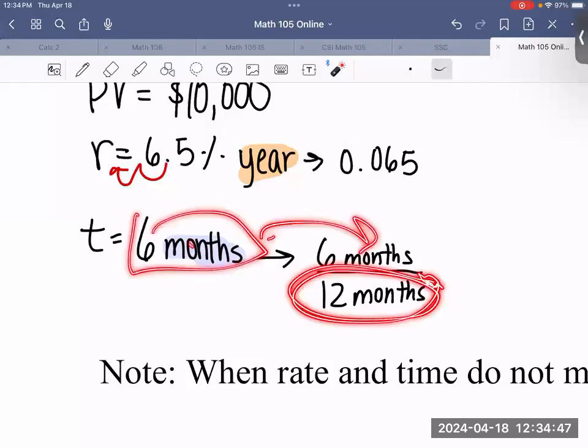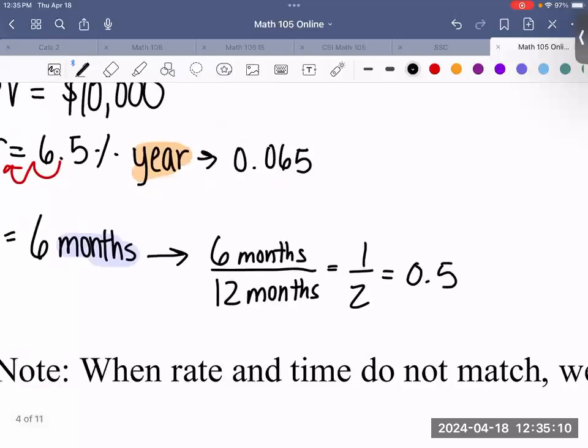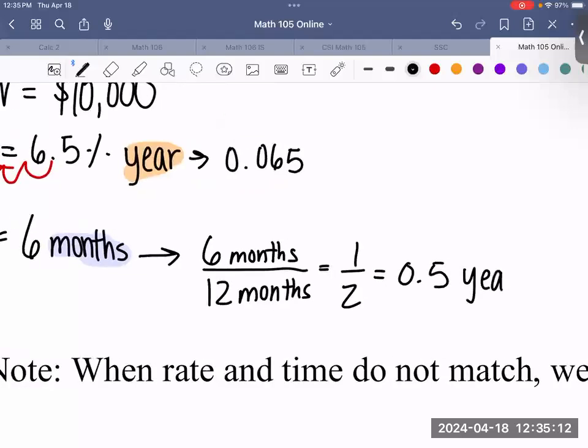So if this was days, 30 days would be 30 over 365, or 13 weeks, then 13 over 52 weeks, things like that. So make sure the yearly amount is on the bottom and your amount is on the top. So you have 1/2 or 0.5 years. So now that they match, we are good to go.